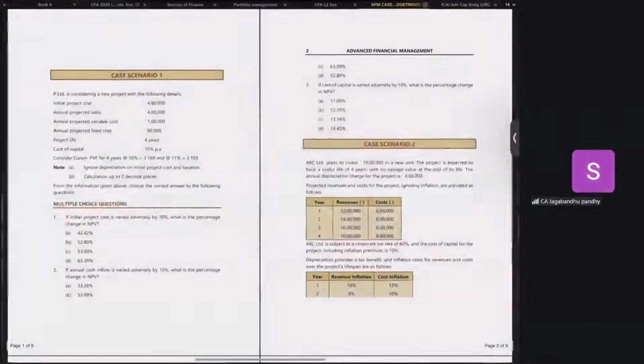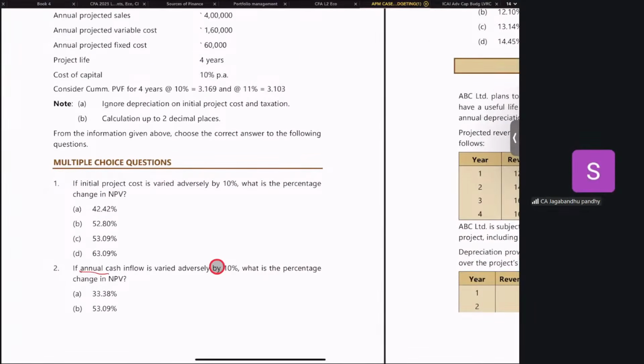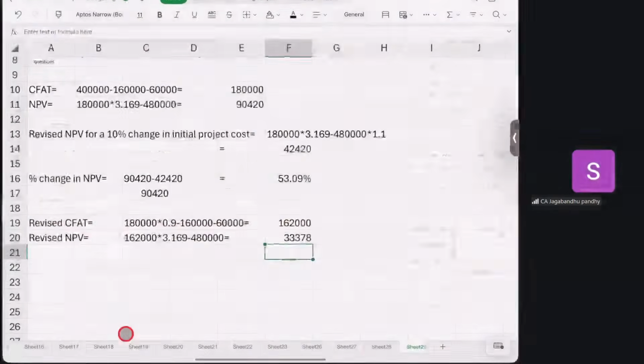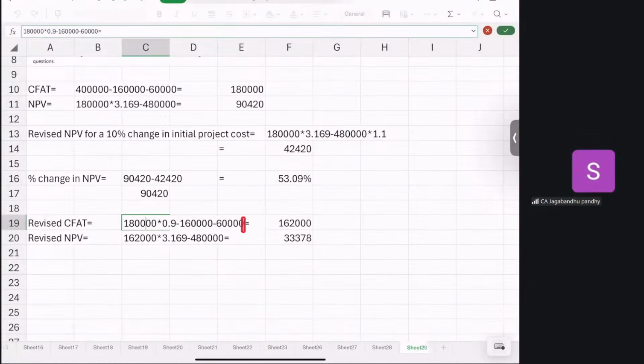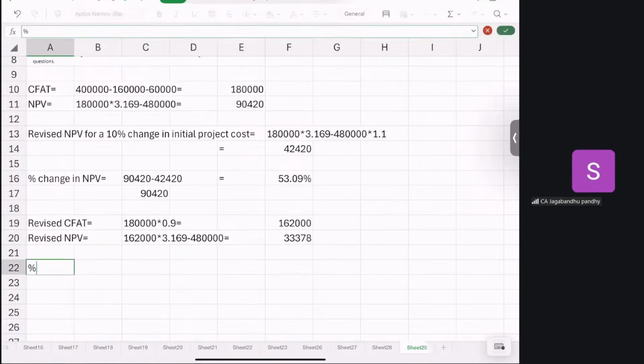Yeah, so there is a change over here. This actually is not annual cash inflow as such. We're looking at the net annual cash inflow. Because we're saying the cash inflow, we are not looking at the change in sales, but the change in the overall cash inflow. So therefore, the revised CFAT is going to be 90% of the original, 1,80,000 into 0.9. And then we say this is the revised NPV. Now, of course, from this we can get the percentage change in NPV.